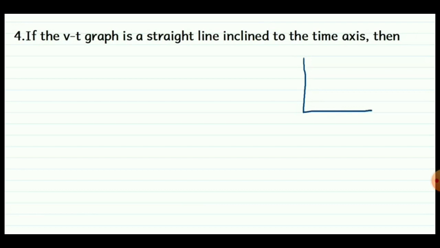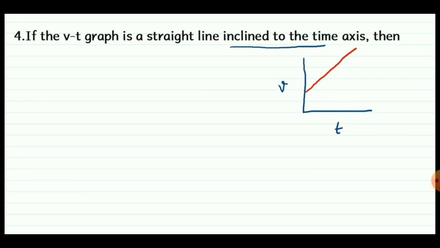VT graph: again, we have to make a velocity time graph one more time. So let me draw the same. This time it is given that the straight line is inclined to the time axis. Then what does it mean? A straight line but inclined means this line is making an angle with the time axis.